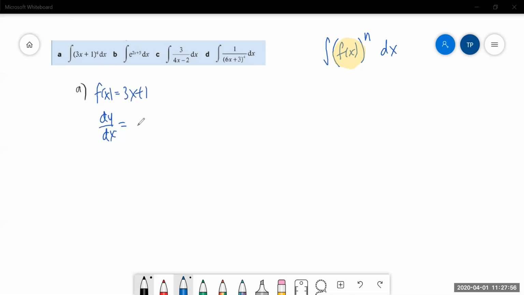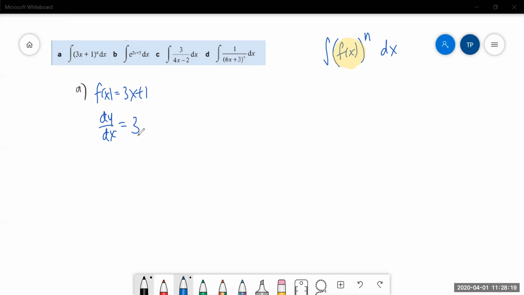So when we differentiate, what do we get? dy dx you get 3. Oh, I remember now, it's the guessing method thing.